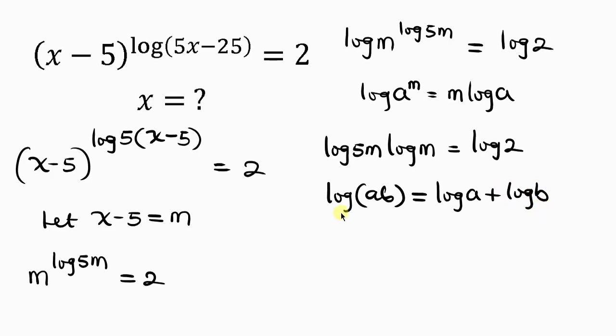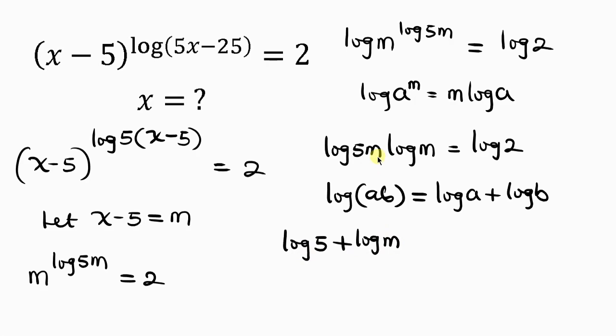Well, this law of logarithm is called the multiplication to addition law of logarithm. And we'll be applying this to this expression here, log 5m. So this becomes log 5 plus log m. So we've been able to achieve log 5m in this form.